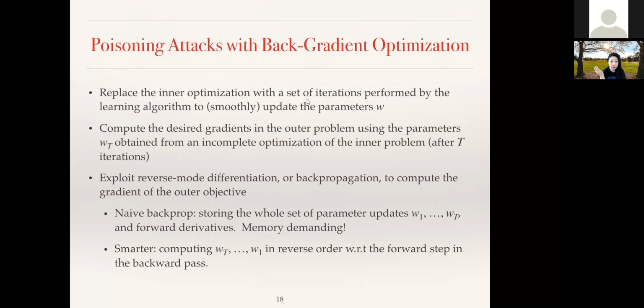So the idea is very simple: I'll just run a few iterations, a set of iterations performed by the learning algorithm to update the parameters. In that sense, I'm not updating the parameters so that they are minimized, but I'm just updating them through local search algorithms such as gradient descent. Okay, so that's the first idea. We're not going to solve that minimization problem.